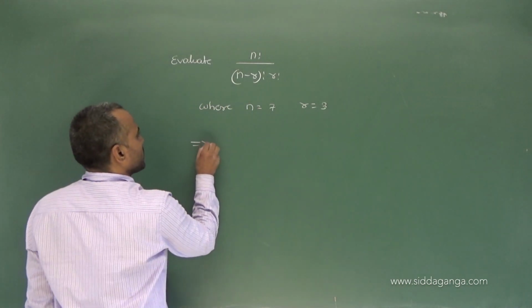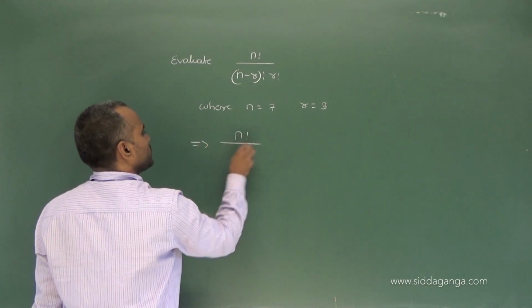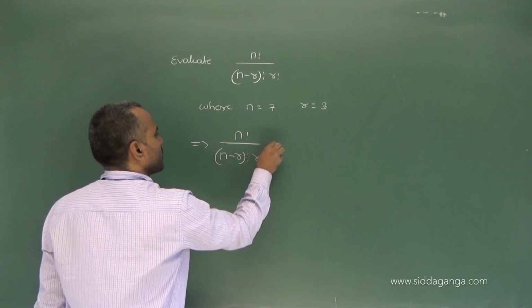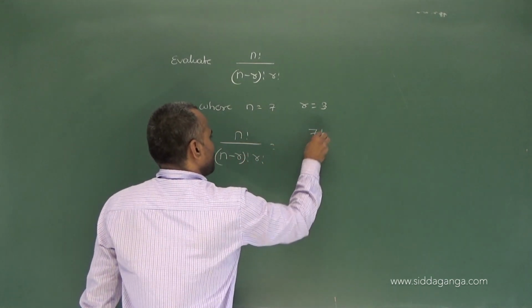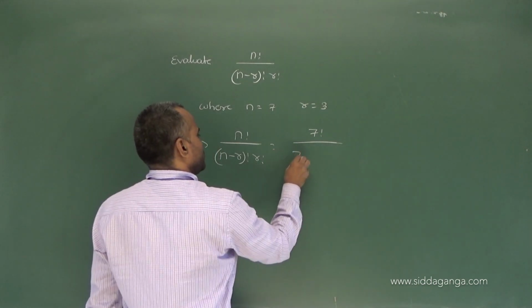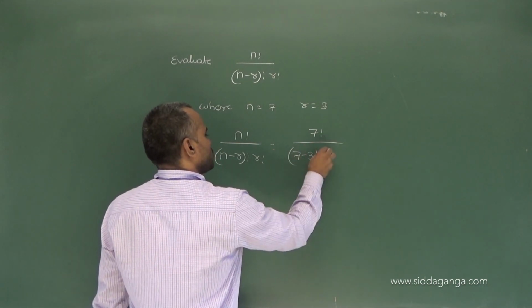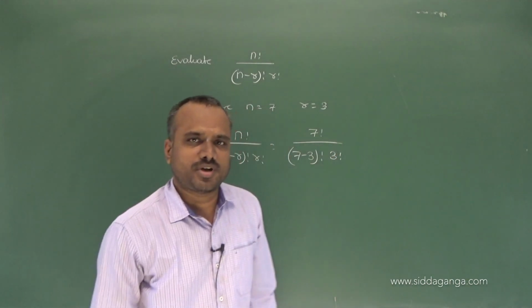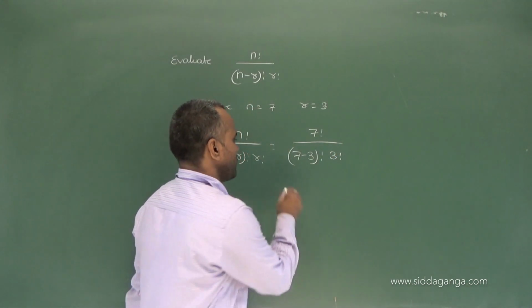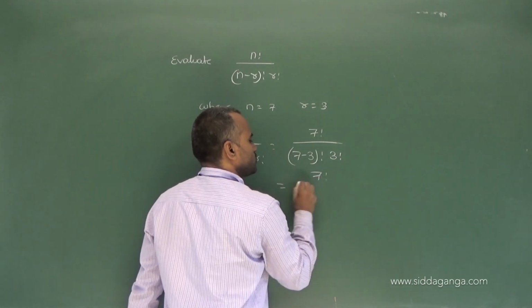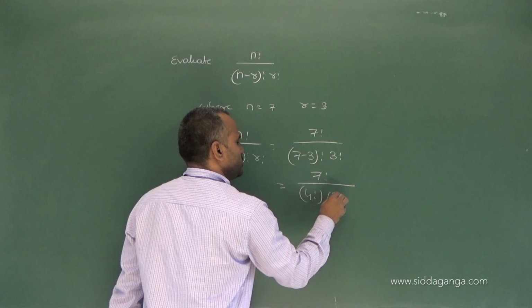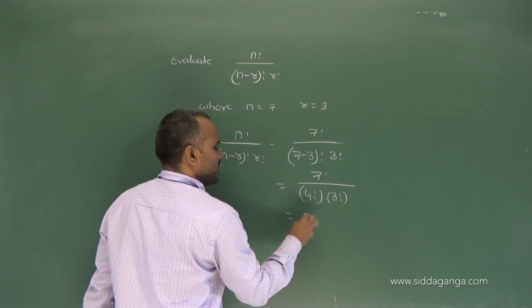So 7 factorial divided by (7 minus 3) factorial into 3 factorial. 7 minus 3 is what? 4 factorial into 3 factorial.